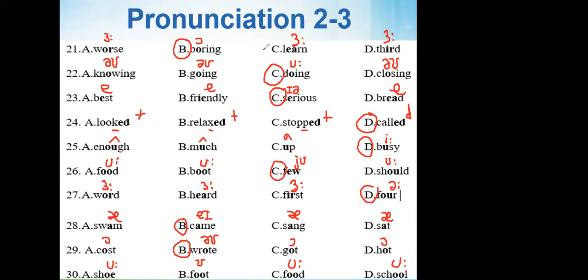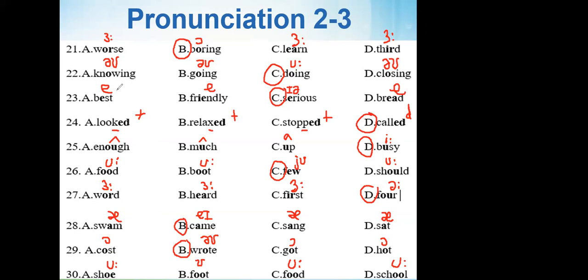Rồi, ok, vậy cô đọc lại một lần nữa bạn mình nghe. Nếu ai có xem video ở nhà thì bạn có thể lặp lại theo ha. Rồi cô đọc lại 21. Words, boring, learn, third. 22. Knowing, going, doing, closing. 23. Bad, friendly, serious, red. 24.